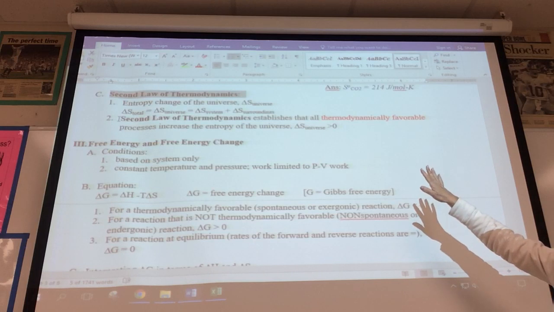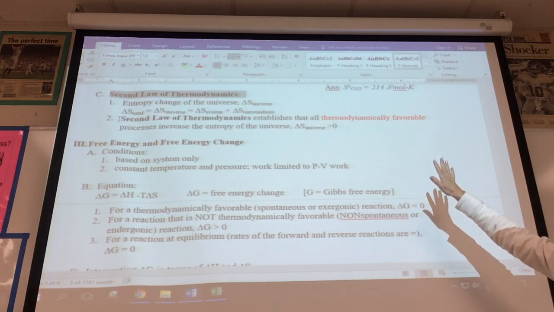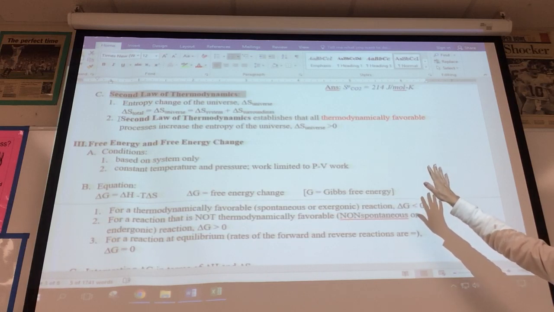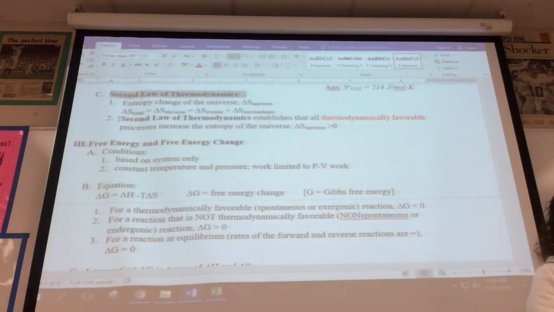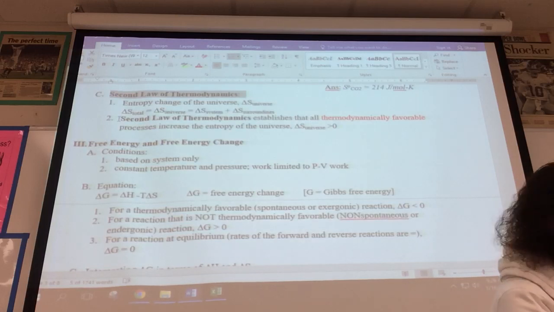The second law of thermo says that all thermodynamically favorable processes will increase entropy of the universe, and you will see that an increase in entropy helps generate thermodynamically favorable reactions. However, when you're considering thermodynamic favorability or spontaneity, you're not only considering entropy, you're also considering enthalpy.